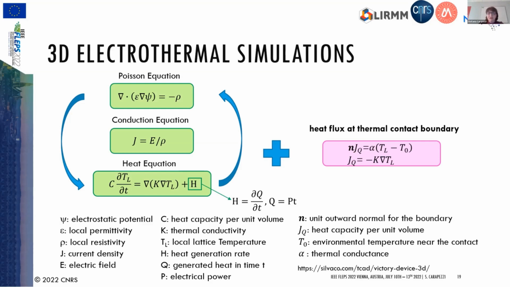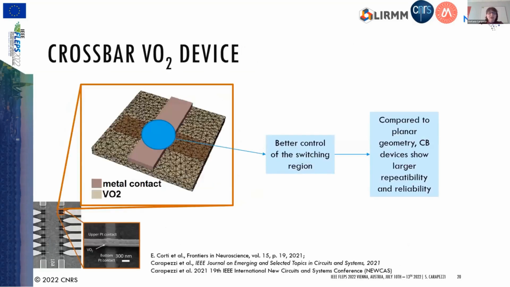In my case, as you will see, the thermal contact is the interface between the vanadium dioxide and the substrate, because this is thought to play the major role in the heat dissipation. And you have this parameter, the thermal conductance, which in fact regulates the heat dissipation at the thermal boundary condition.